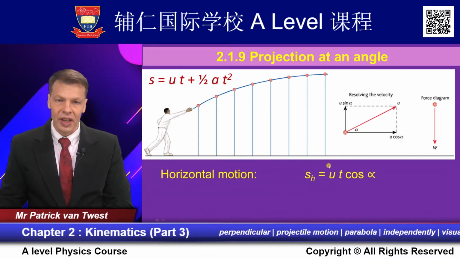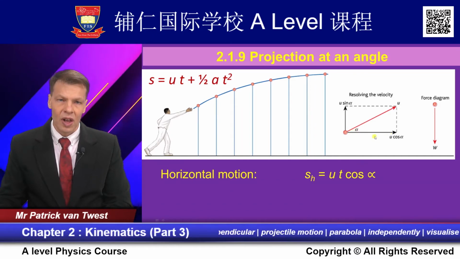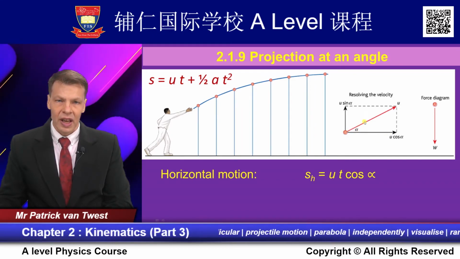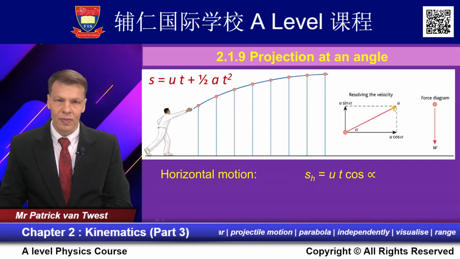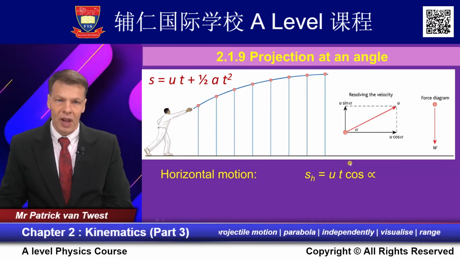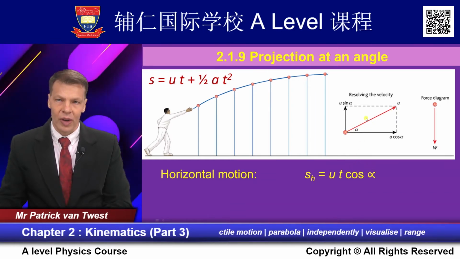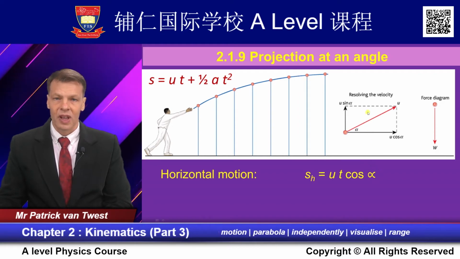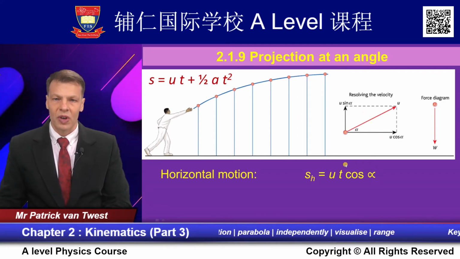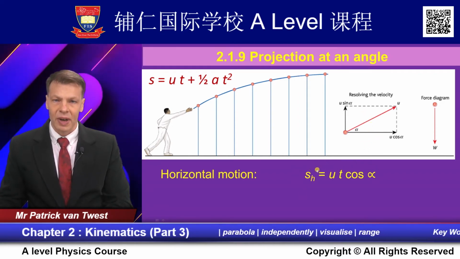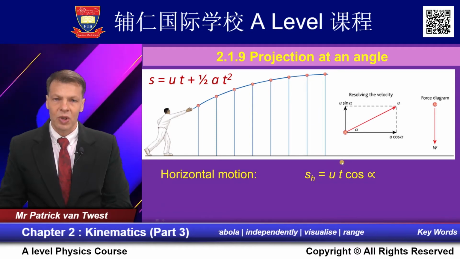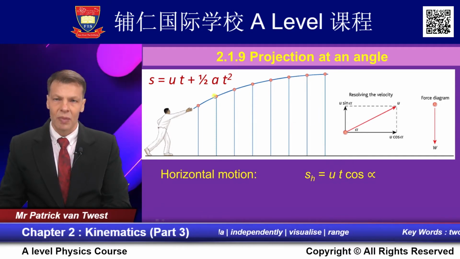So horizontally, what we could say is the initial velocity horizontally is the initial velocity u multiplied by cos of the angle that we throw it at. So if the angle was alpha, it would be u times cos of alpha. Okay, then to get the displacement, it's just the constant speed horizontally multiplied by the time. So I'm using this formula here.